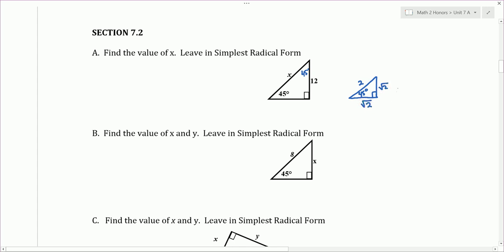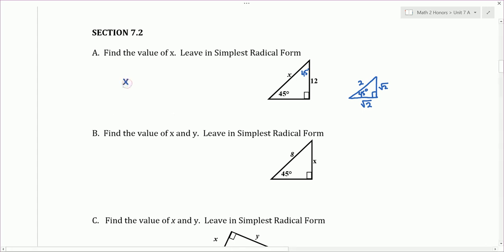The smaller one is a 45, 45, 90 right triangle that we memorize. It's going to be similar to all 45, 45, 90 right triangles, and so we can use it to solve for x in this case by setting up a proportion.